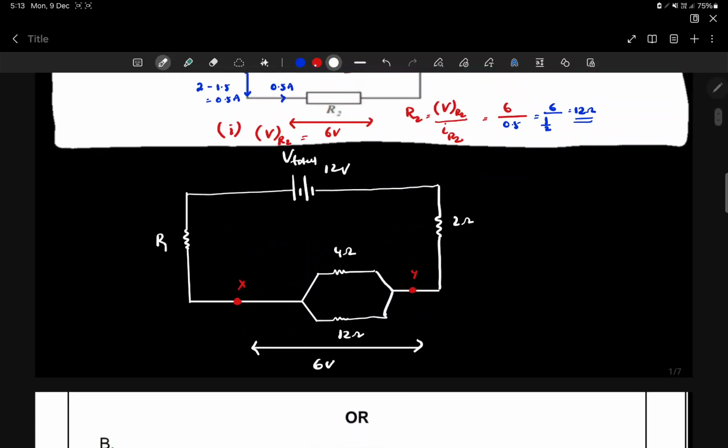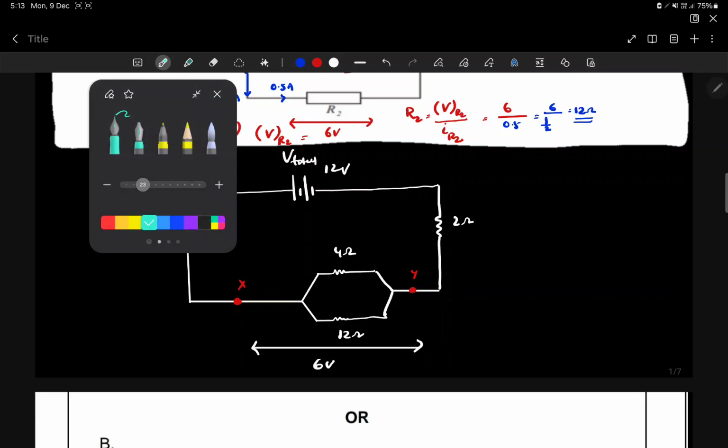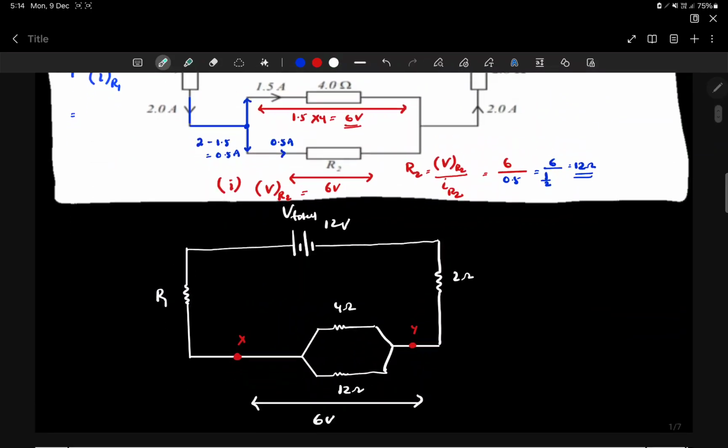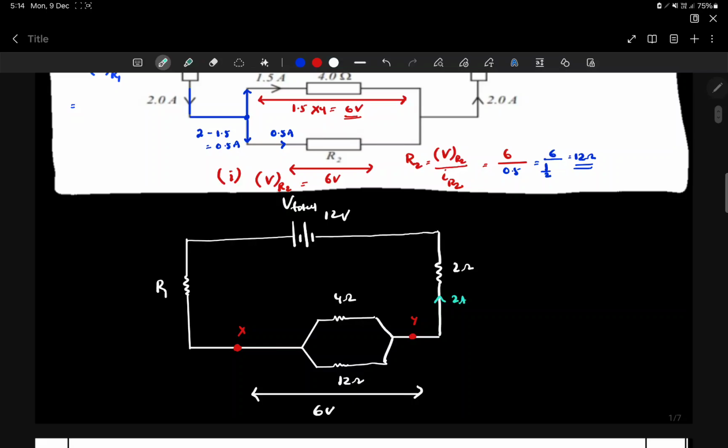Another thing, through this 2 ohm resistor, it is given 2 ampere current is flowing. That means potential difference or voltage consumed by this 2 ohm resistor, which is current into resistance, is your 4 volt. So out of the total 12 volt, 6 volt is consumed by the combination of 4 ohm and 12 ohm, and 4 volt is consumed by this 2 ohm resistor.